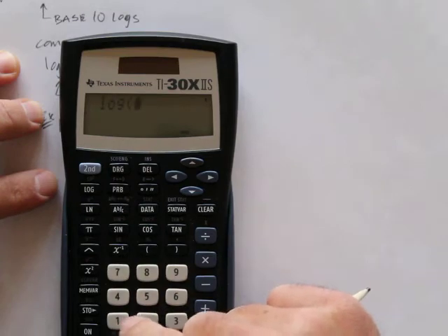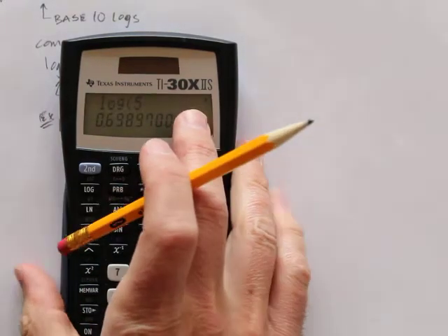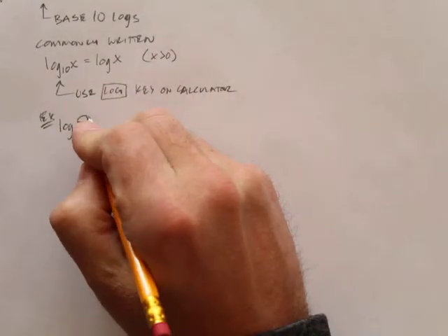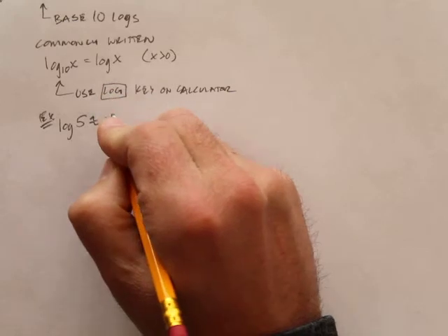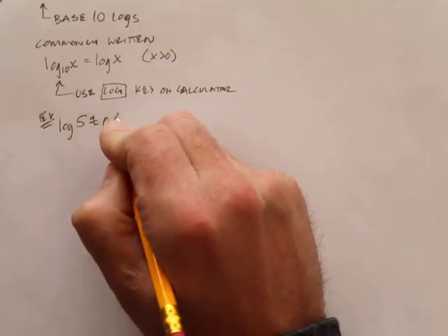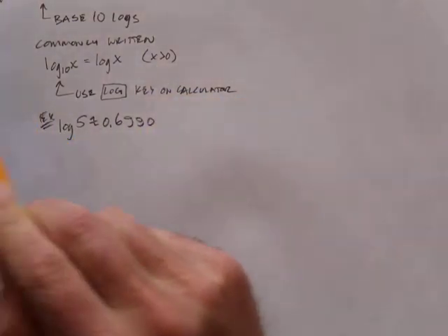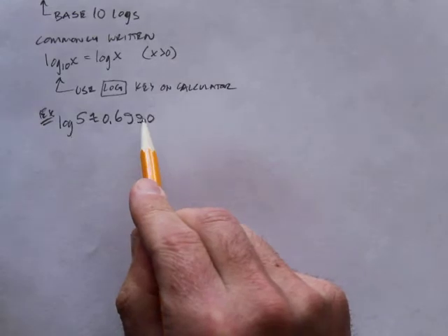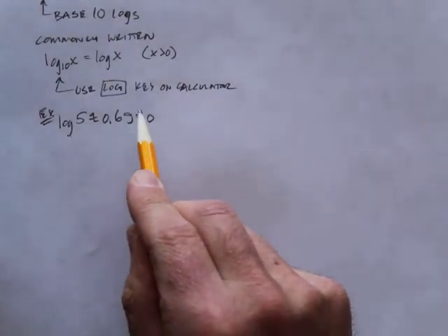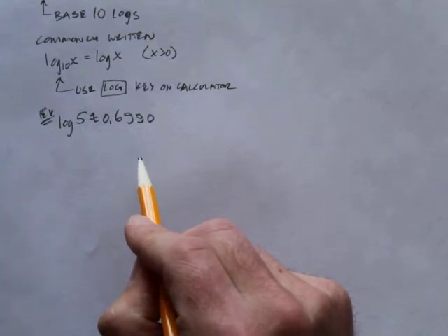Log of 5 equals, and I've got approximately 0.6990. So on the calculator it's 0.69897. So the 7 gets rounded up to that 9. This is how it properly rounds.